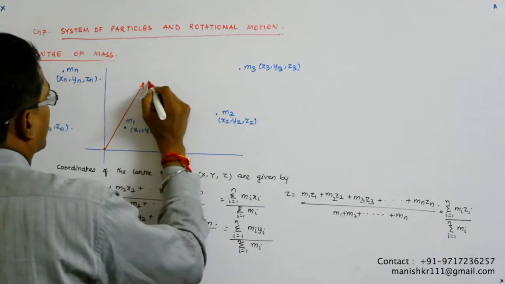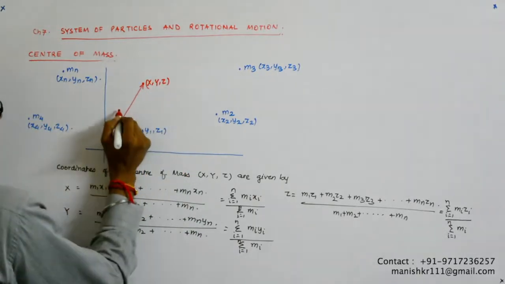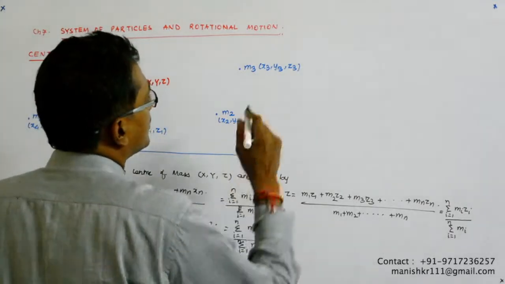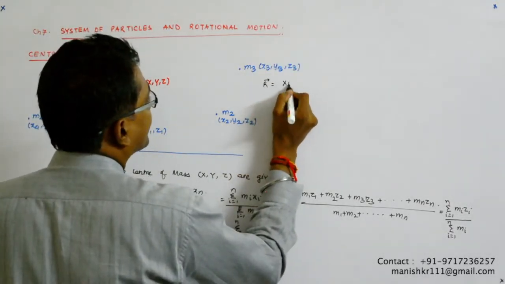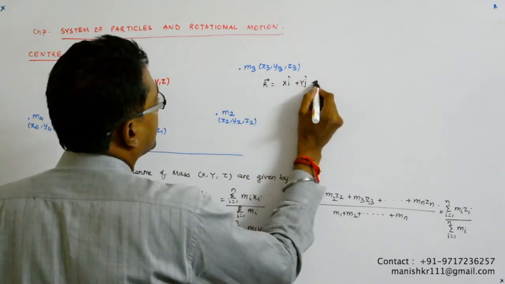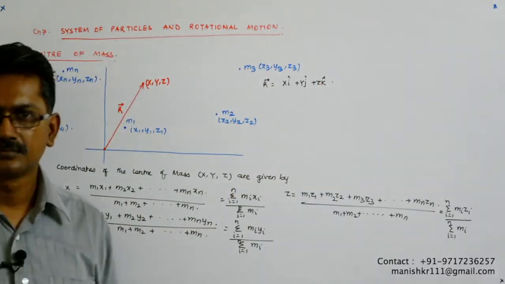Say this is my x, y, z, then this vector r is what? This vector r is given by x i cap plus y j cap plus z k cap. Is it not?